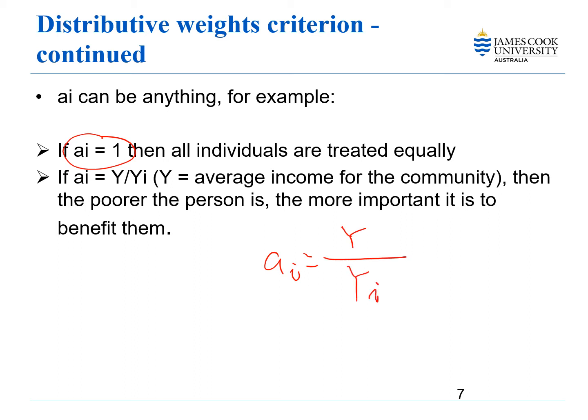So if individual i's income is bigger than the average income, then the weight is lower. It has a smaller weight. So the poorer a person is, the more important he or she is weighted in the net social benefit function.